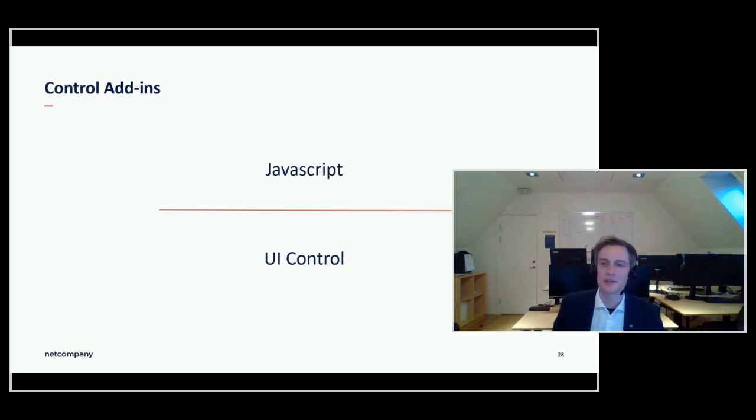I've even wondered if you can use Flutter and Dart. That would be quite interesting to make an implementation like that. Control add-ins are very useful if your team has web development skills, but it can also be a bit hard to maintain for Business Central only developers, because they're probably not used to the JavaScript syntax and the best practices on how to build JavaScript.